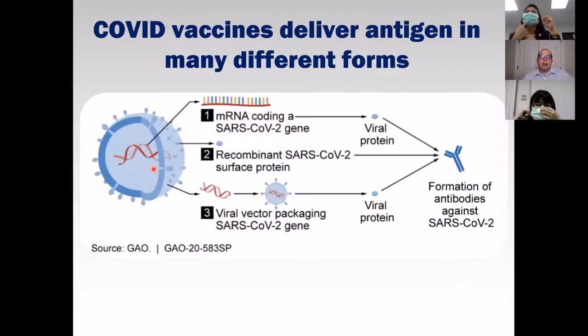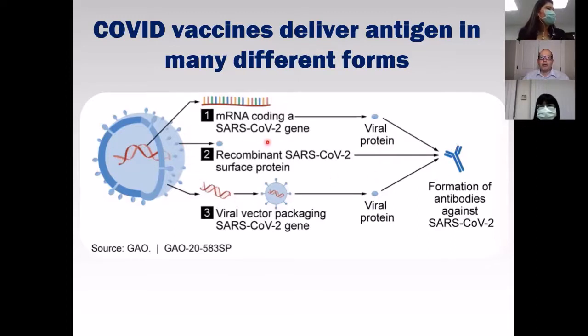If we look at the approaches that we, the global public health community, have taken for immunizing people against the COVID pandemic, we've used much more modern technologies to again present, in this case, that spike protein to the immune system. A lot of the early products on the global market were these messenger RNA vaccines, where essentially we're delivering not the spike protein, but the gene encoding it into the host cell, inducing antibody formation.